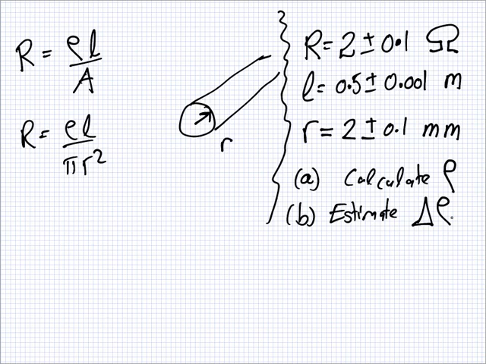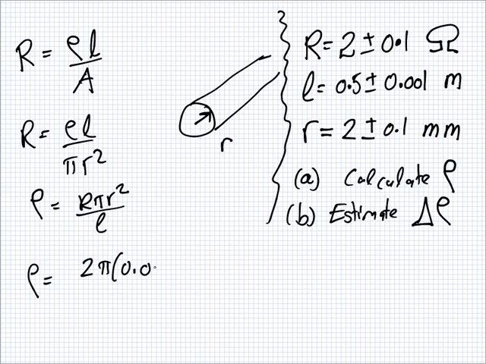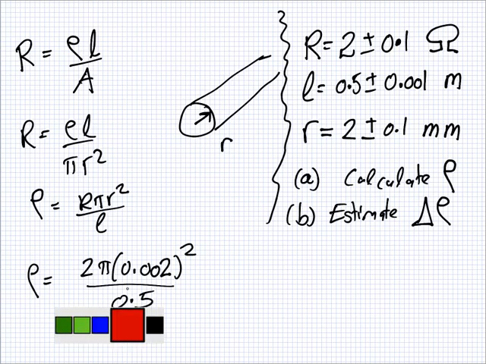Okay. Did you calculate part A? No. Let me help you. So here you can say resistivity is R pi r squared over L. So in this example it would be 2 pi times 0.002 squared over 0.5. So we're just using these numbers first.